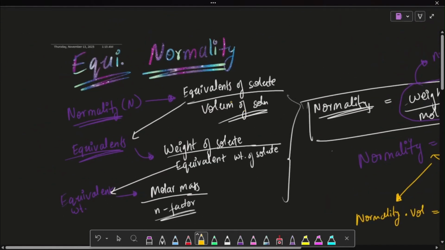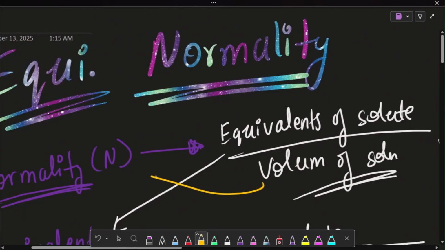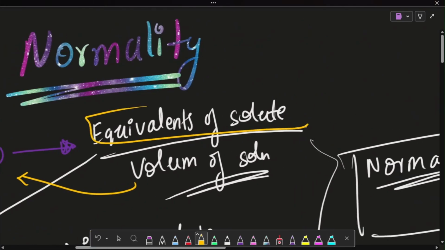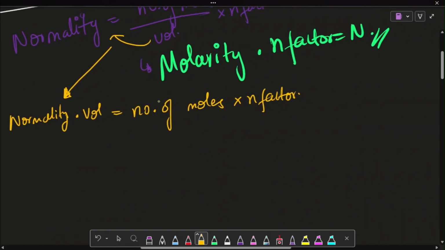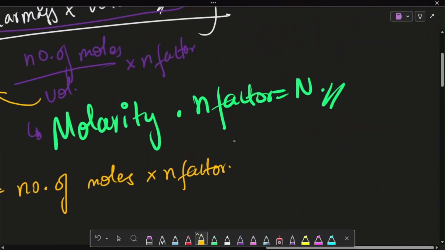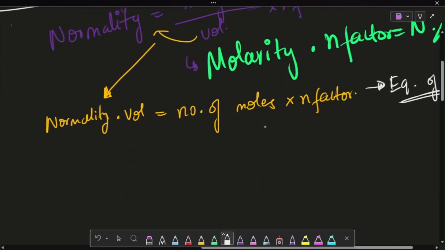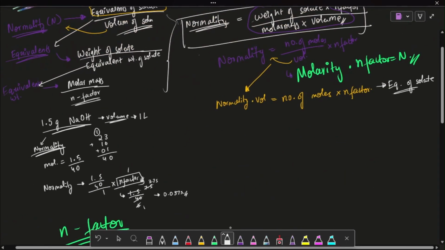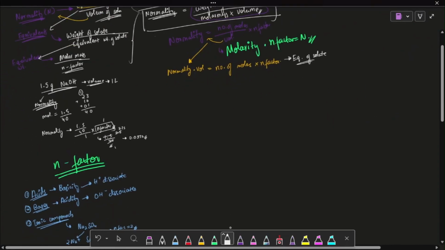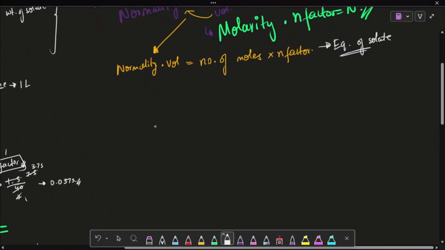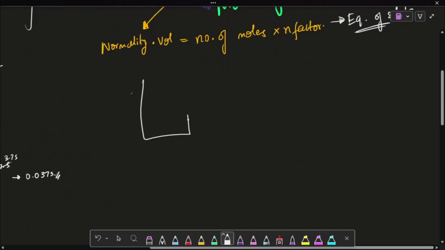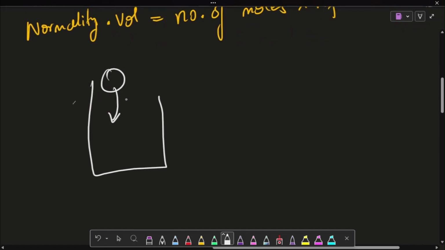If we go back to here, if you multiply volume by normality, you get equivalents of solute. So this is nothing but your equivalents of solute, basically the equivalents of the reaction taking place. So coming back to the sugar and orange example, the orange had an n factor of 2.